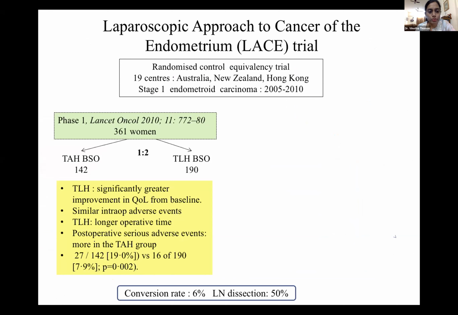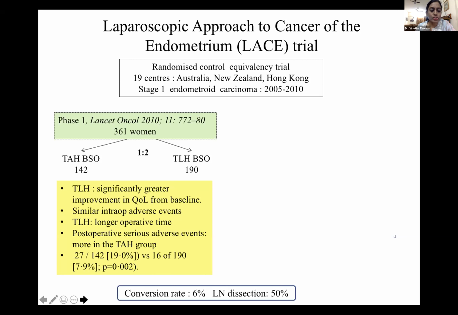They showed the laparoscopic arm had a significantly greater improvement in quality of life from baseline in the post-op period, with similar intra-op adverse events, but with longer operative time and reduced post-op serious adverse events. Surprisingly, the conversion rate to laparotomy was only 6%, because only 50% of them had lymph node dissection.